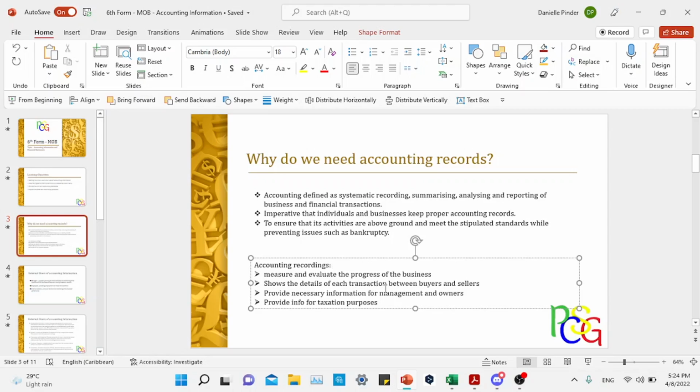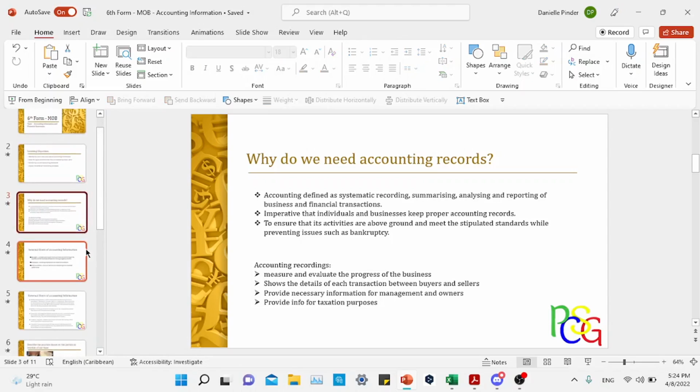And I will also do an example of that if we have time later on, right? And then it also provides information for tax purposes as well, right? Especially to the external users of a business who may need the financial records for tax purposes, right?